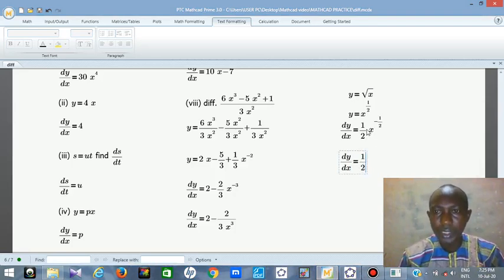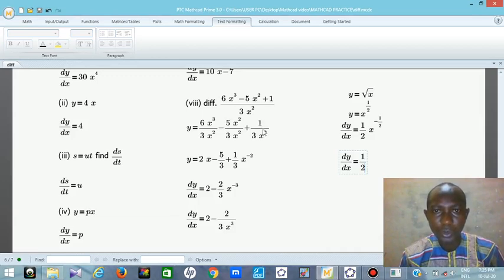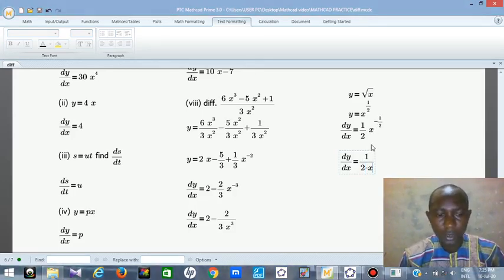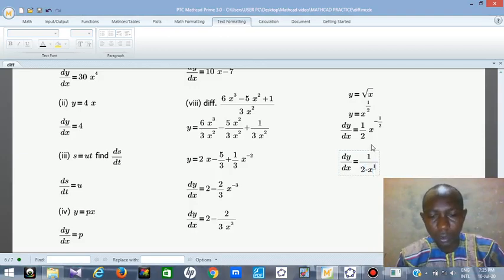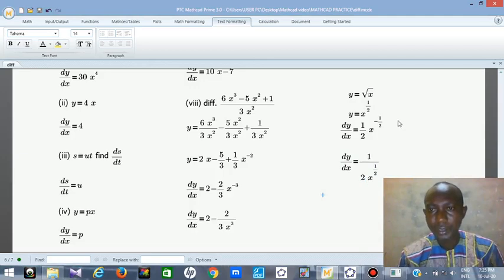Then in the denominator, you know this is negative power, so minus half will now turn to 1 over x raised to the power half, which is x raised to power 1 over 2. So it will now look like this.